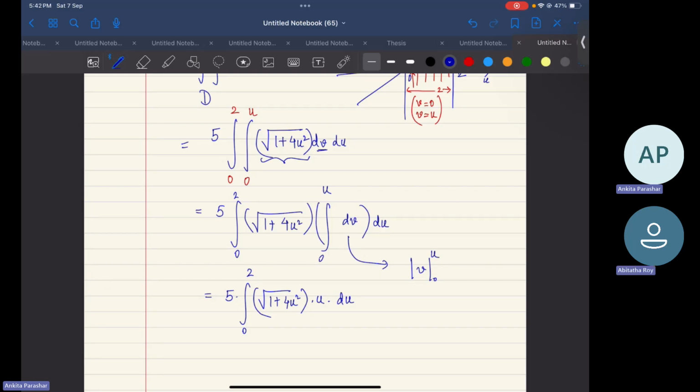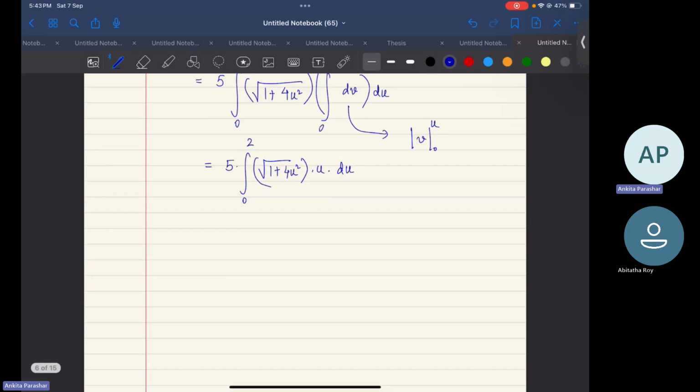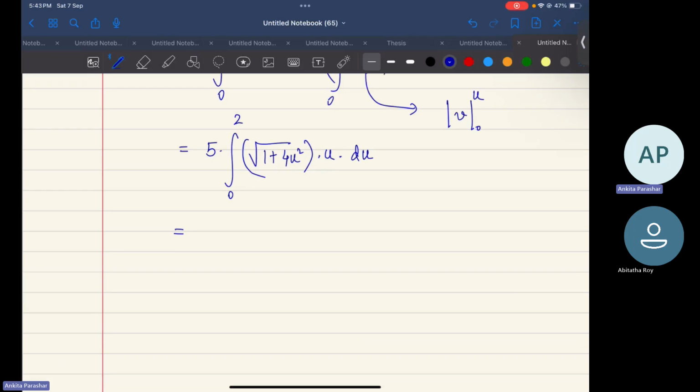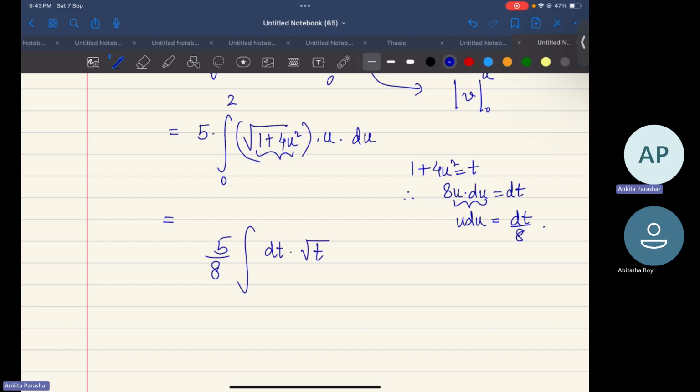Is it 5 by 4? I'm a bit doubtful. Okay, let's do it; maybe there was a computational mistake. You can simply put 1 plus 4u square equal to t, and therefore 8u du is just dt, so u du is dt by 8.